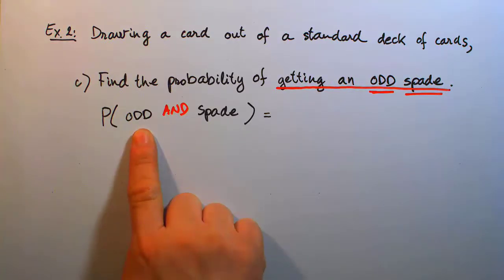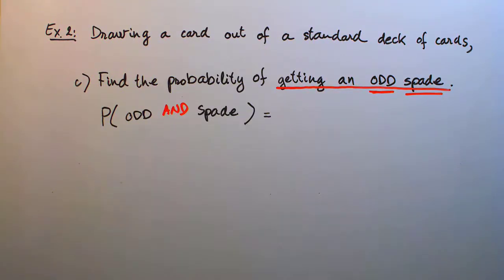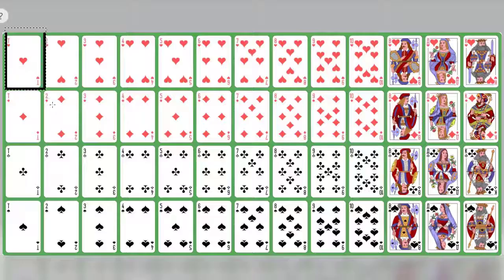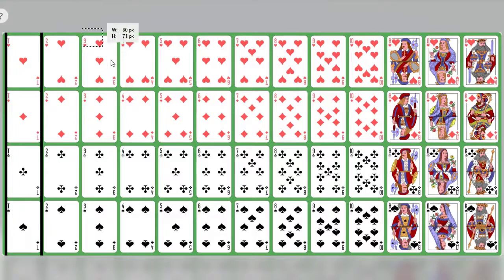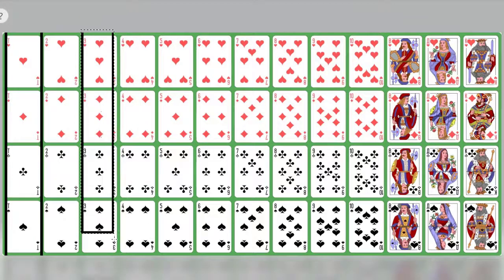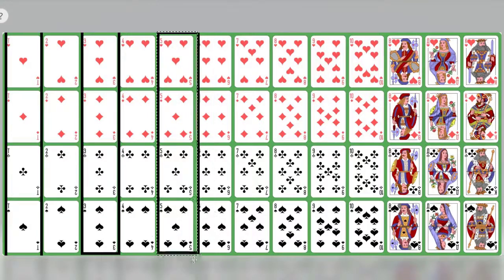I'm looking for odd here, and odd is a property that exists among the numeric cards. So this is an odd, that's another odd, we got those odds, we got another one here, and you can really count a lot faster than how I do that.